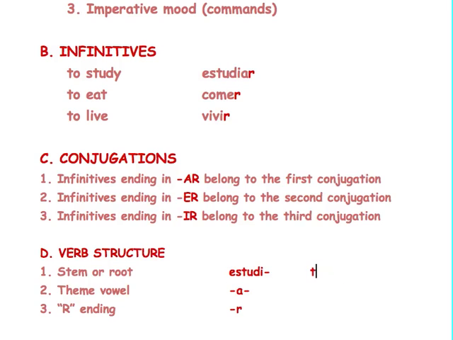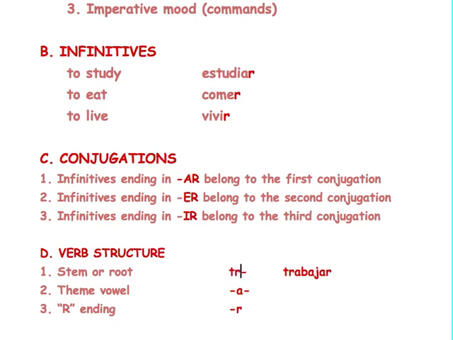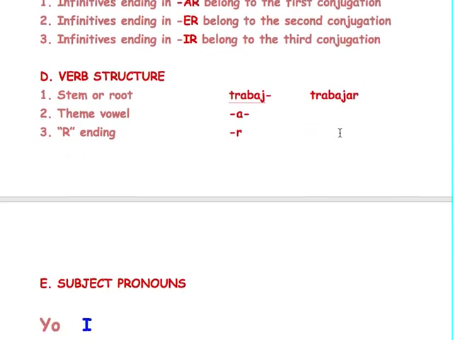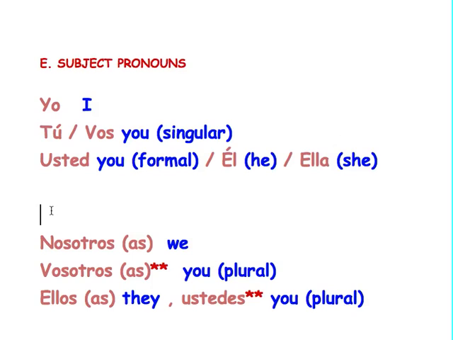If we have trabajar, to work, then the stem is trabaj, right? Then we have the theme or vowel a and the ending r. Okay, of course we need the subject pronouns.